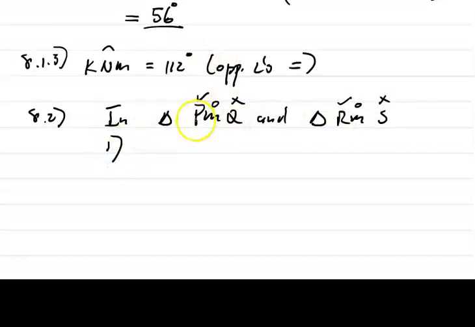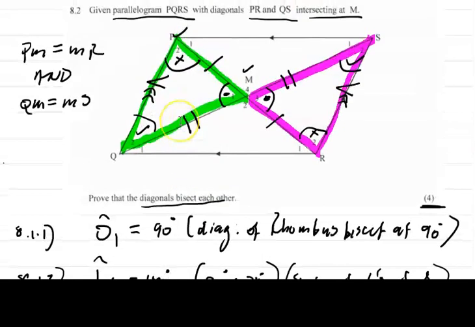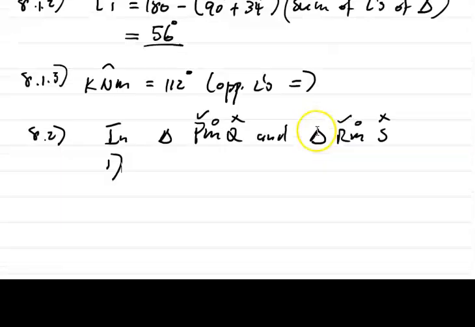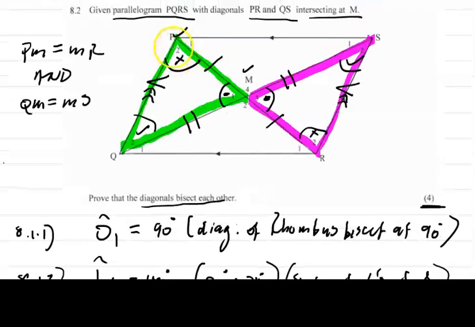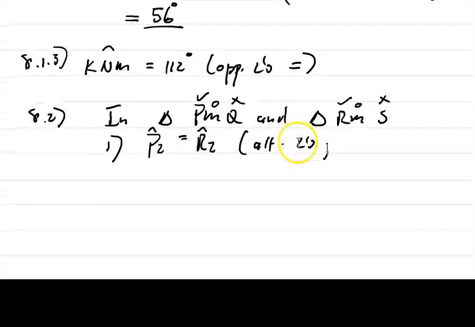So my first statement will be: P2 equals R2, alternate angles. And remember, now you must write the pair of parallel lines, and that is because PQ is parallel to RS.